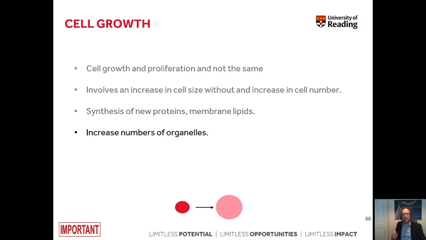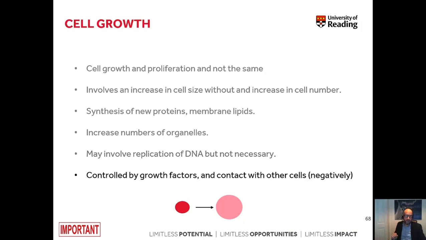It involves increase of the number of organelles, and also may involve replication of the DNA, but this is actually not always necessary. The cell growth per se is controlled by different signals, and those include growth factors and also contact with other cells.